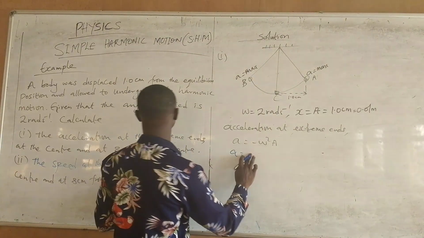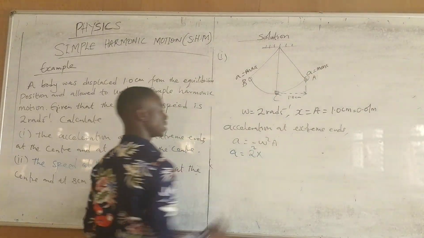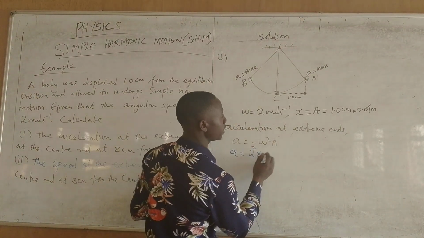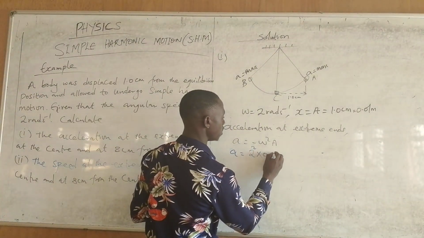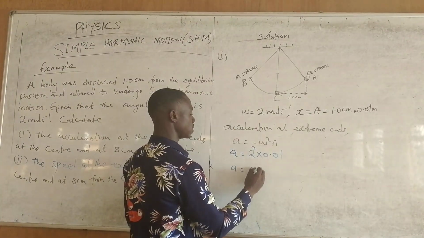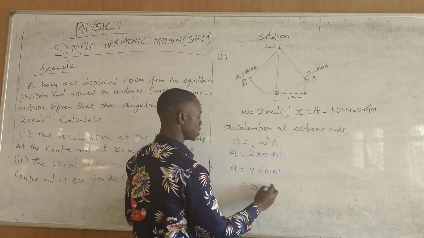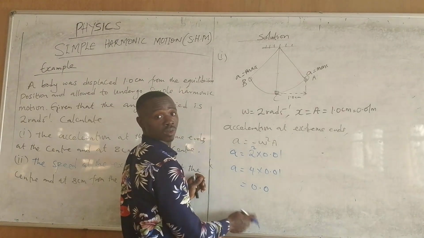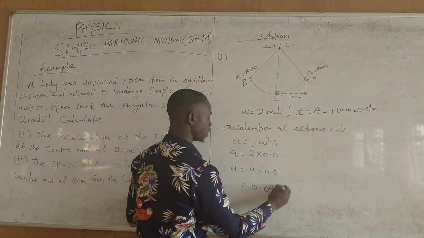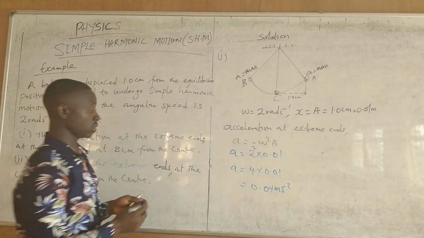So this is going to be omega squared. What's our omega? That's 2. 2 squared, right? Omega squared, that's 2 squared times A. What's our A? 0.01. So that's acceleration equals 4 times 0.01, and that's 0.04 meter per second squared.